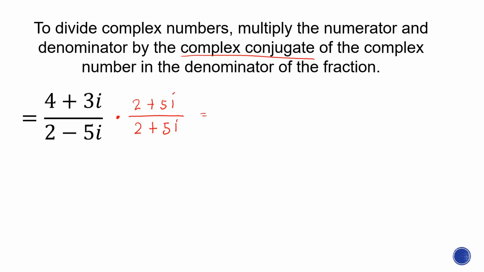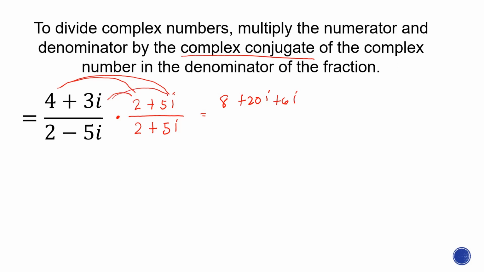Definitely in the numerator, we will use the FOIL method. 2 times 4, rather, is equal to 8. 4 times 5i is equal to plus 20i. And then the inner terms, 3i times 2 is plus 6i.